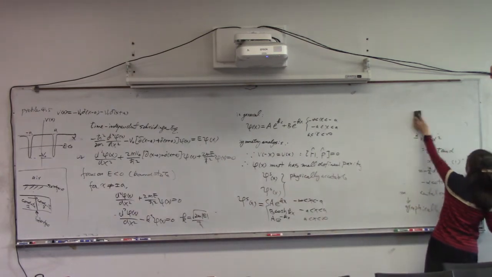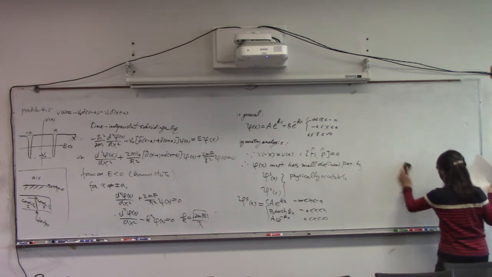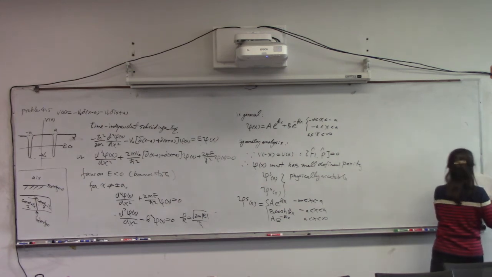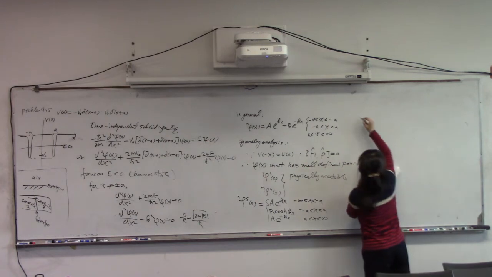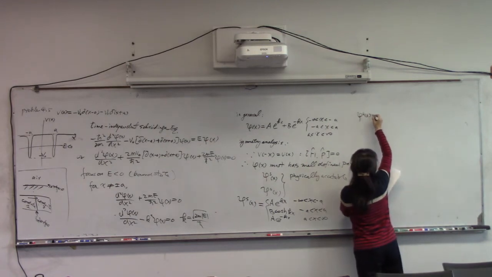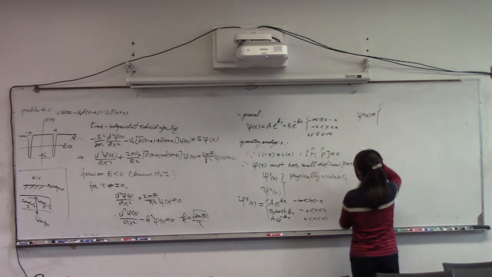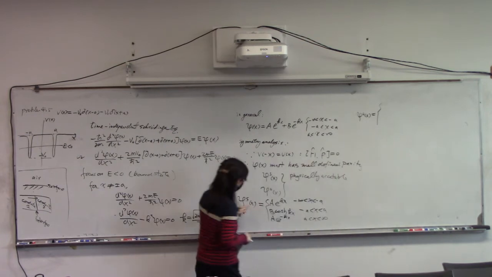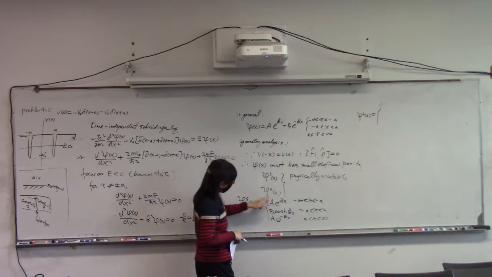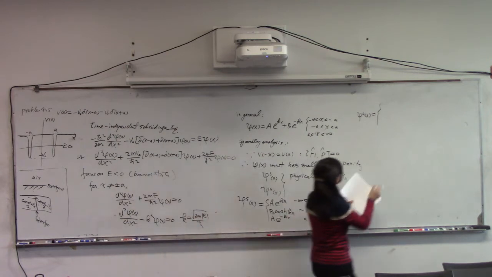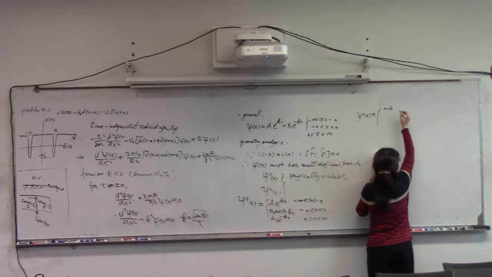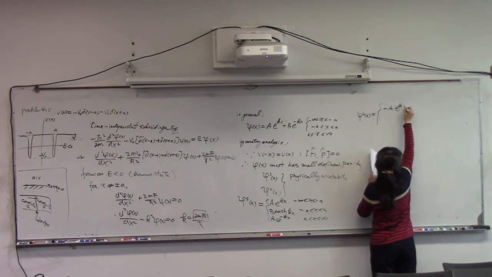Then similarly, we can also get the anti-symmetric function. We set negative A, since for anti-symmetric, the value at minus x equals the negative of the value at positive x, right? So we set up the negative, and again we take the finite one.